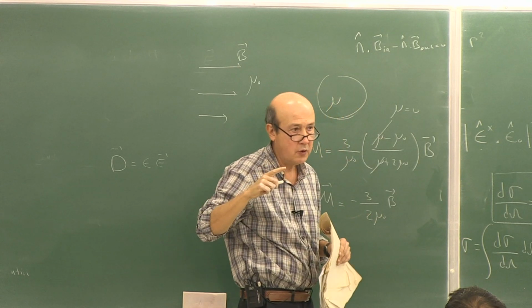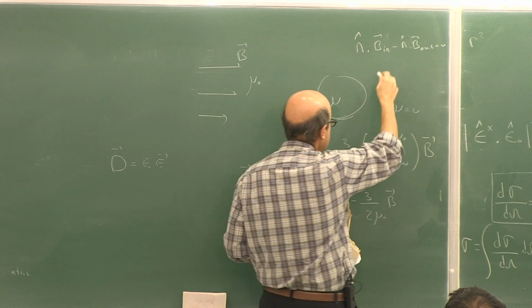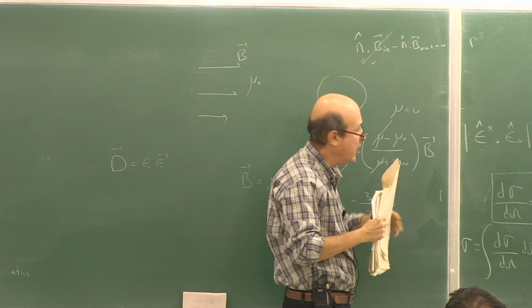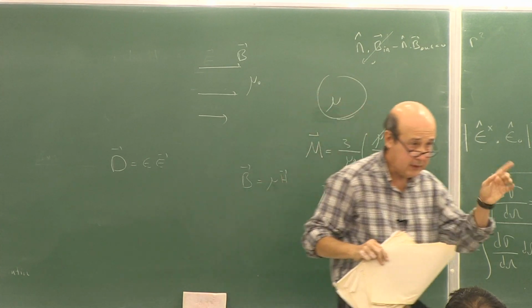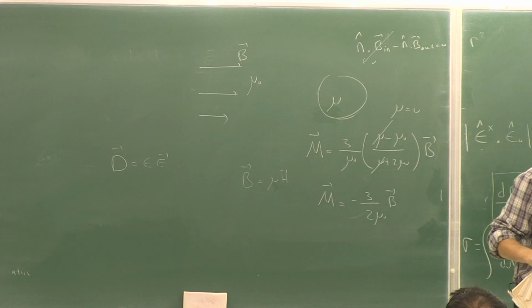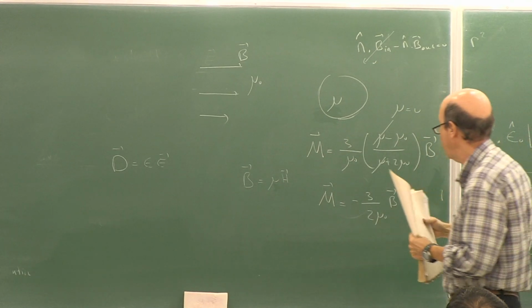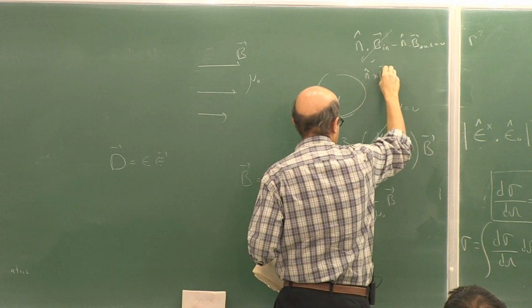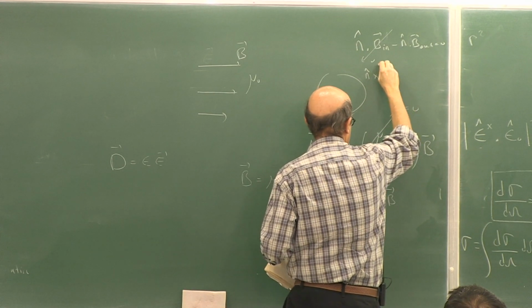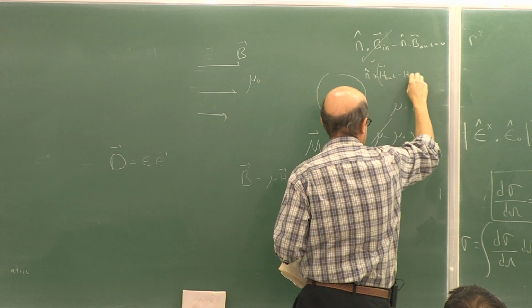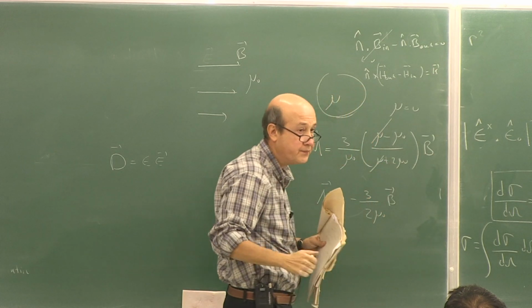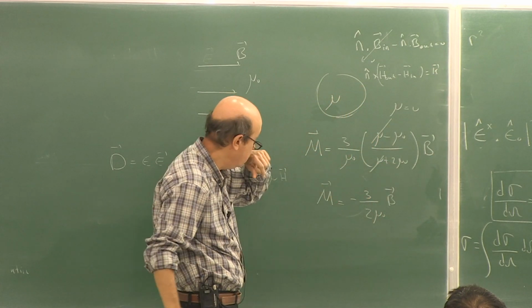This is the perpendicular component. So when inside this is equal to 0, therefore N dot B has to be 0. But the tricky part is the tangential component. What is the tangential component? N cross H out minus H in is equal to the surface current density. This is the tangential component.